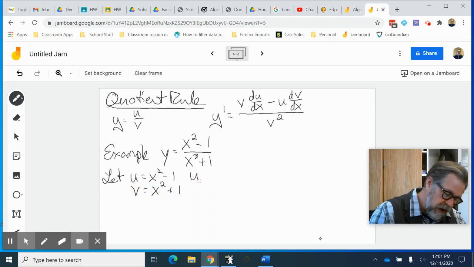If you don't define your variables, you are going to mess this up. u prime, the derivative of u with respect to x, is 2x.